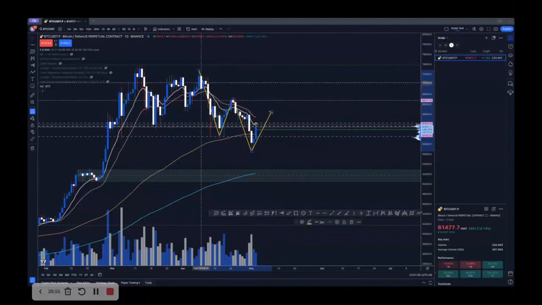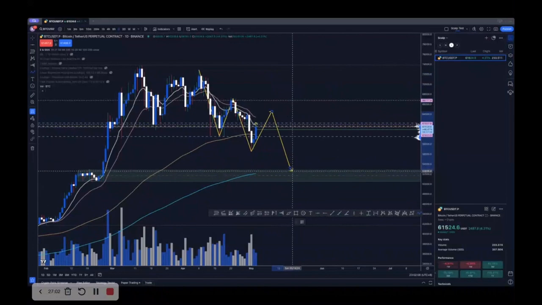And in that case, we'll probably start seeing even lower lows. It could potentially be 53K as a potential resistance or support, or it could be the 50K. But if we close below here and retest it, then we can actually see it go as low as the next consolidated area, about the 53K zone.